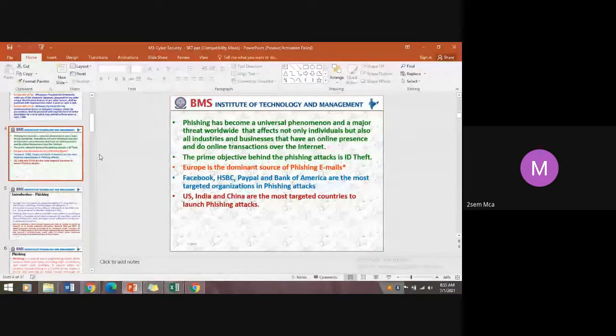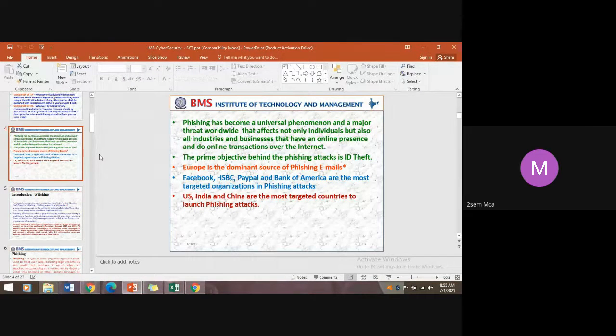Facebook is the most widely targeted in phishing attacks. HSBC, PayPal, and Bank of America are the most targeted organizations. Country-wise, the US, India, and China are the most targeted countries for launching phishing attacks.